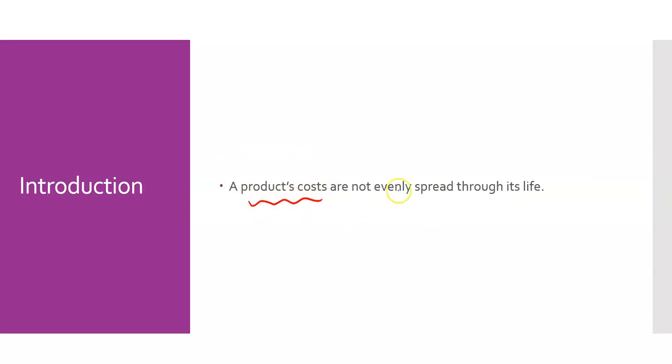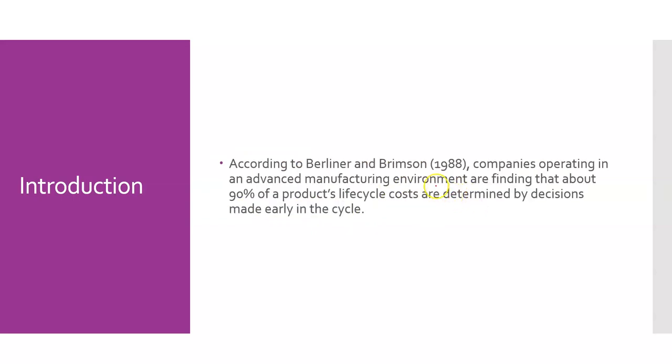A product's costs are not evenly spread through its life. We know that very early on in the life of a project, a lot of costs have gone in, and we'll see examples of them in a second. All the hard work goes into the making of this product. You spend all this time making and pushing this product, and then you want it to sell.